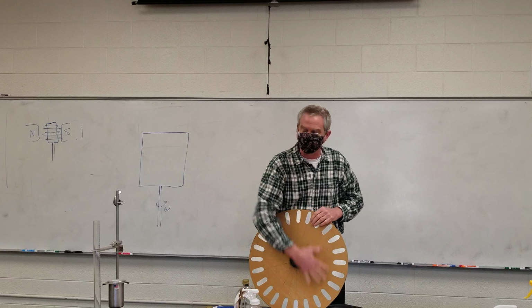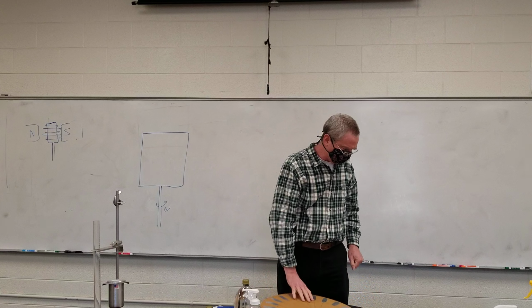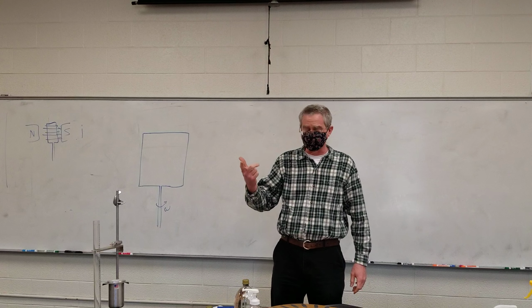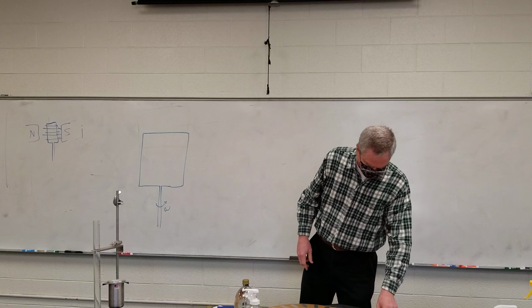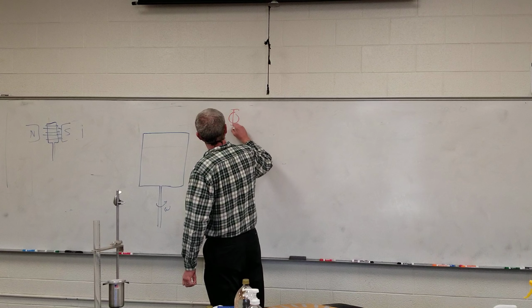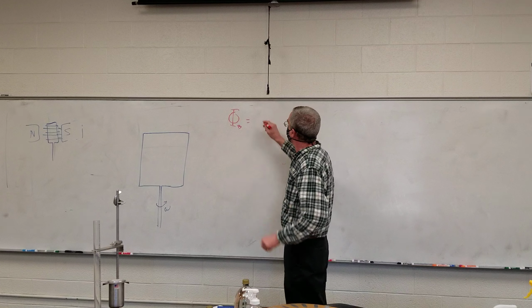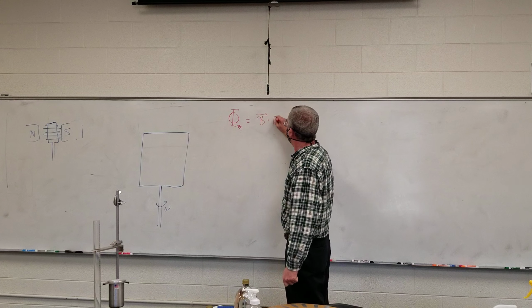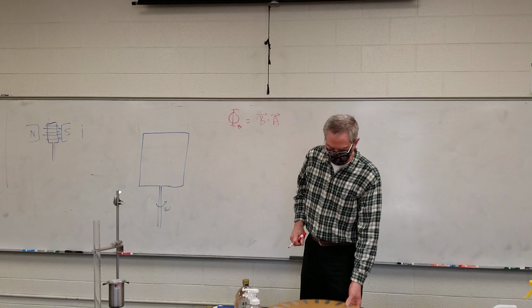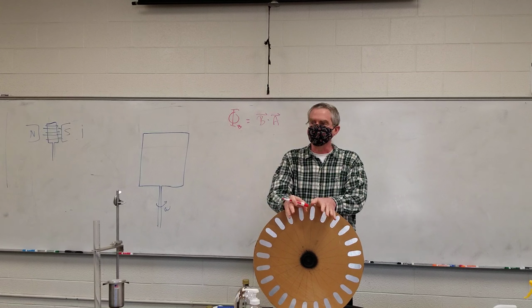So if we just think about just the surface here. What is the formula for, I might have just said electric flux, I meant magnetic flux. What's the formula for magnetic flux? It's B dot A. Okay. So what is the direction of the area vector? Right hand rule, right?